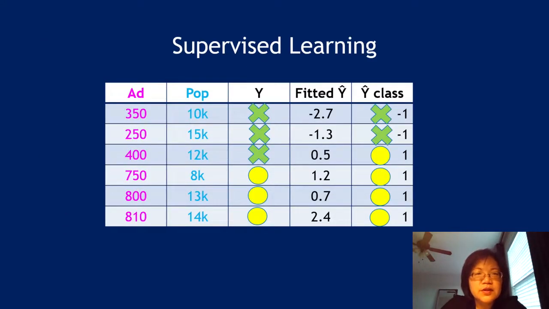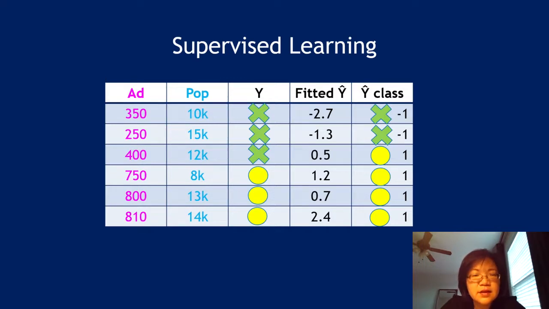So here's a visualization of supervised learning. In this case, we have 2 X values, the advertisement amount, ad, and POP, P-O-P. These are 2 X's, and then you have a Y variable that's provided with the training data set that tells you the correct labels, the crosses and the dots, the zeros and the ones, or the negative ones and the positive ones.